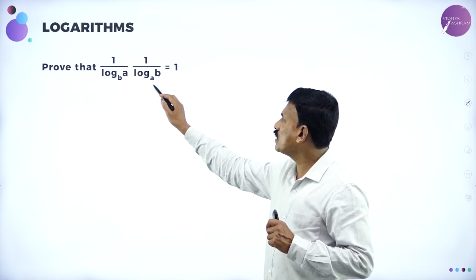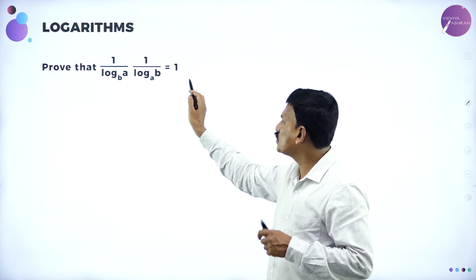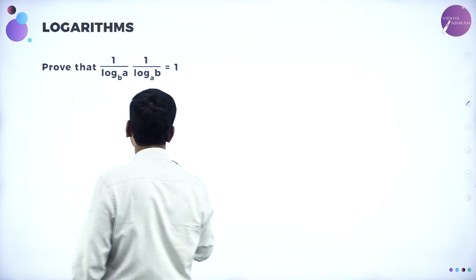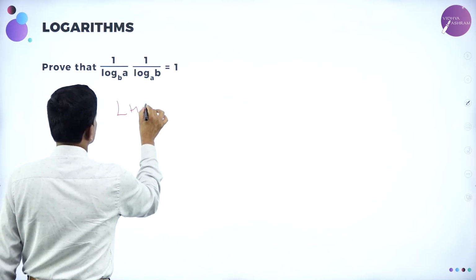Prove that 1 over log A to base B into 1 over log B to base A is equal to 1. Now, let us start with LHS.